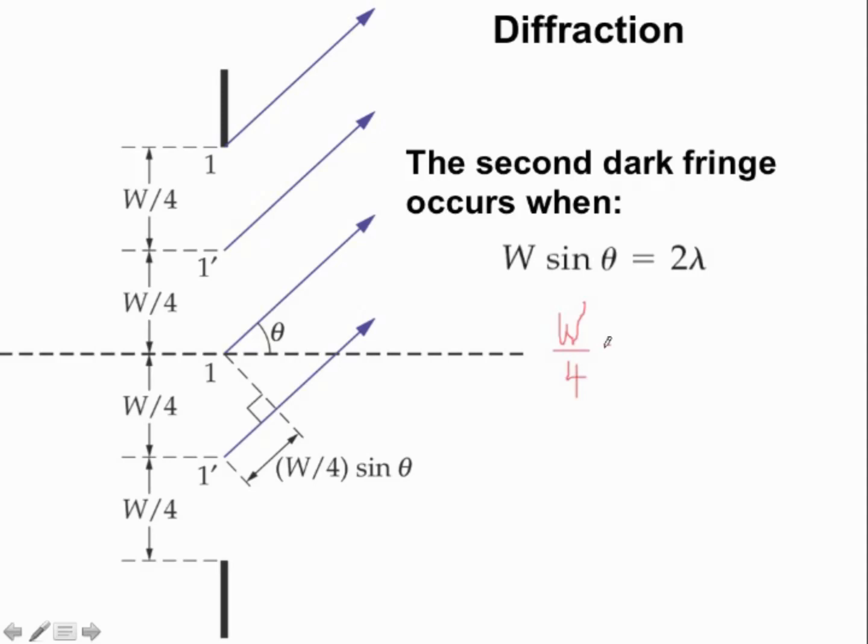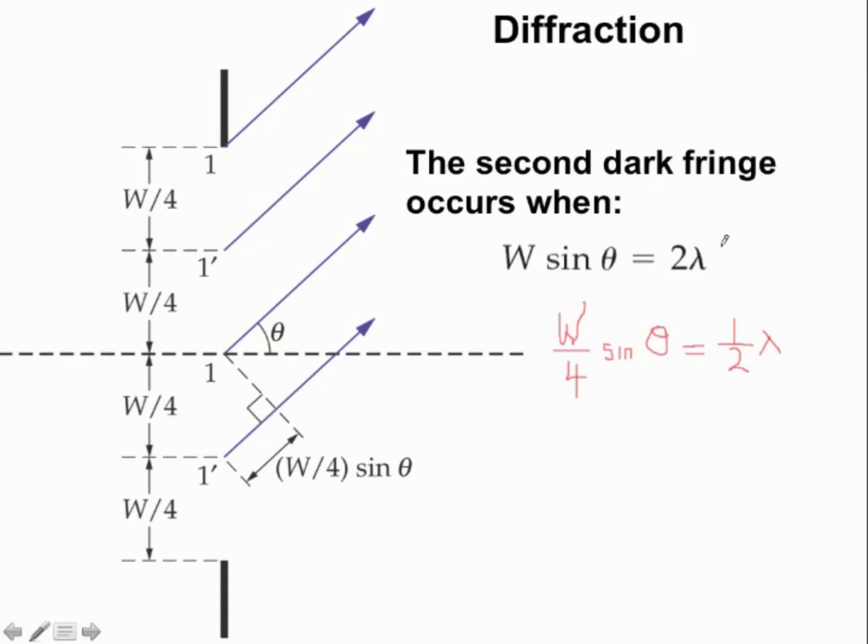Alright, so W over 4 sine theta is going to equal 1/2 lambda. Because remember, we get destructive interference for multiples of 1/2 lambda. And notice that if we write it that way, then we just do simple algebra on it, and you can see where we get W sine theta equals 2 lambda from.